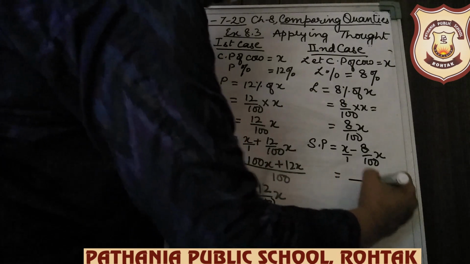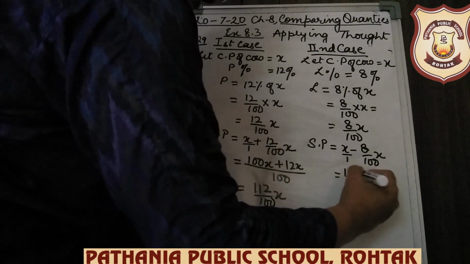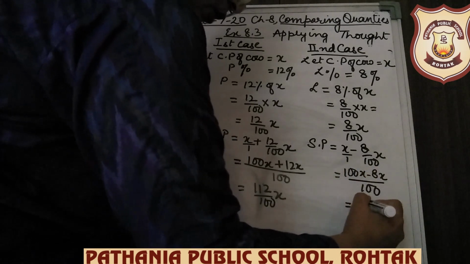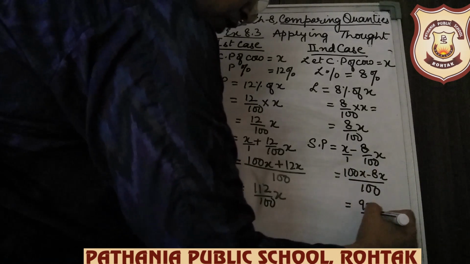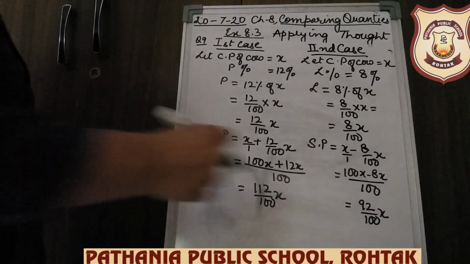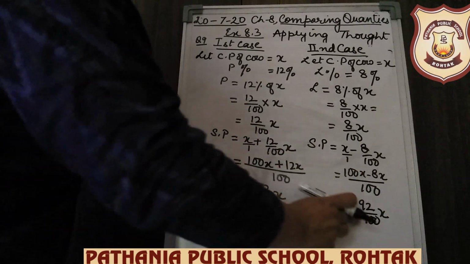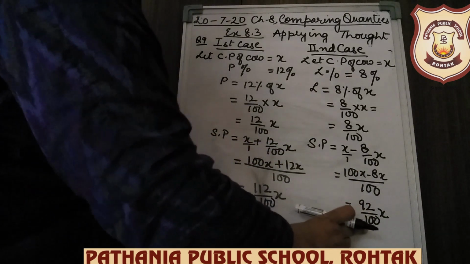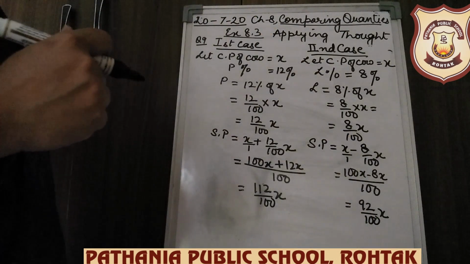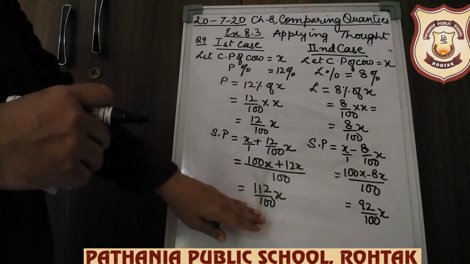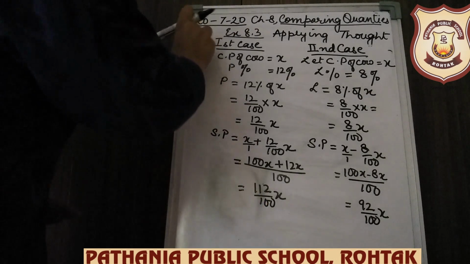This is 100, 100x minus 8x, which is equal to 92 upon 100x. Now I have not reduced it because then there is a difference between the SPs given. So that's why I have not reduced. Till here it is clear.